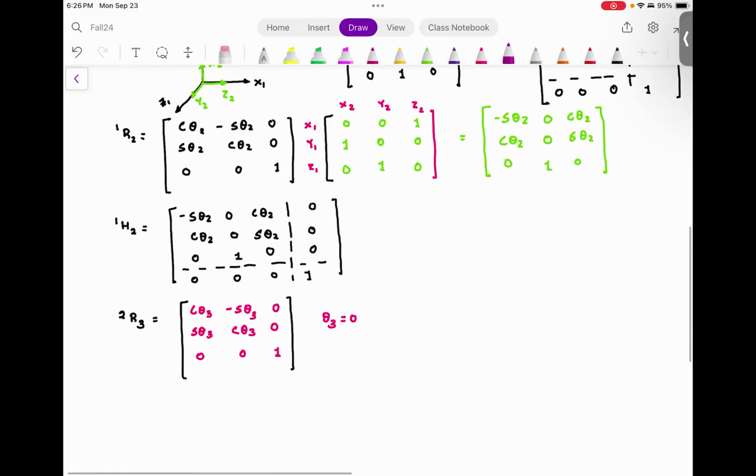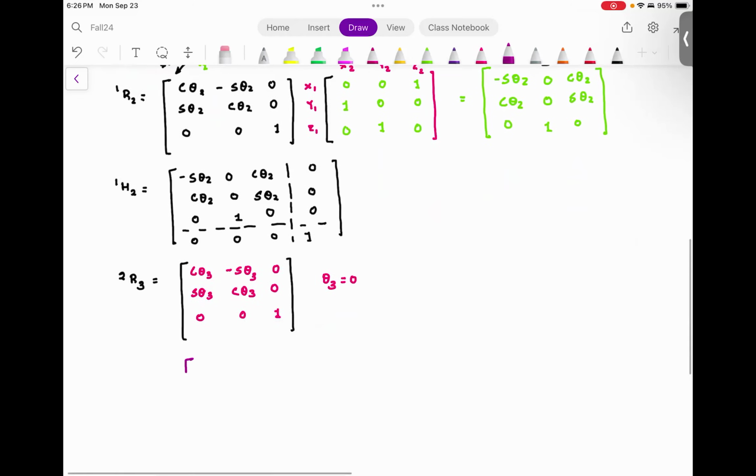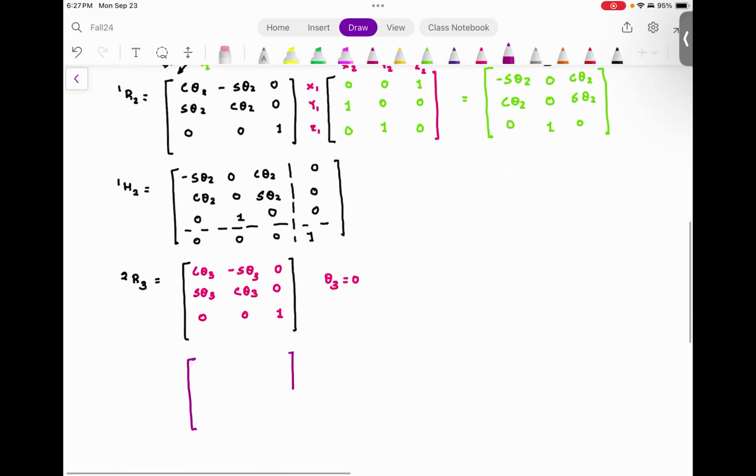And still what you are going to get is this identity matrix. Do you agree with me? 1, 0, 0, 0, 1, 0, 0, 0, 1.